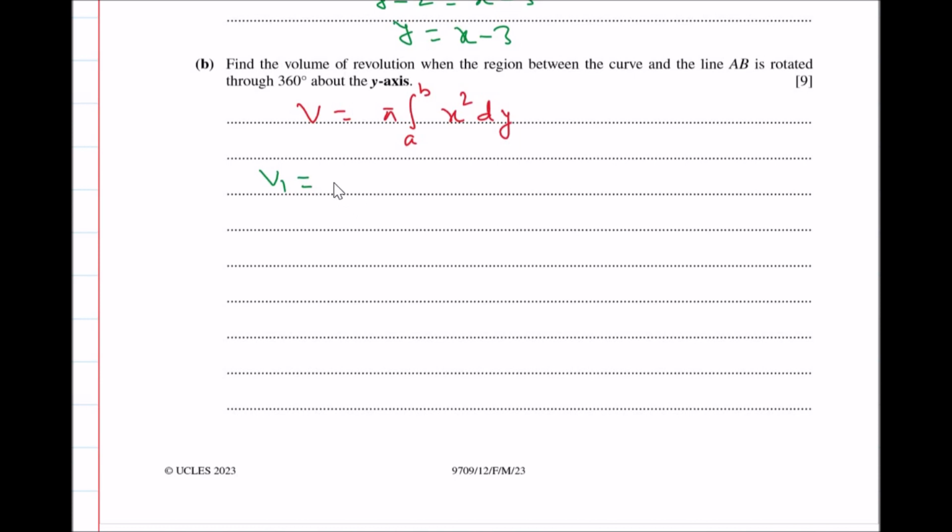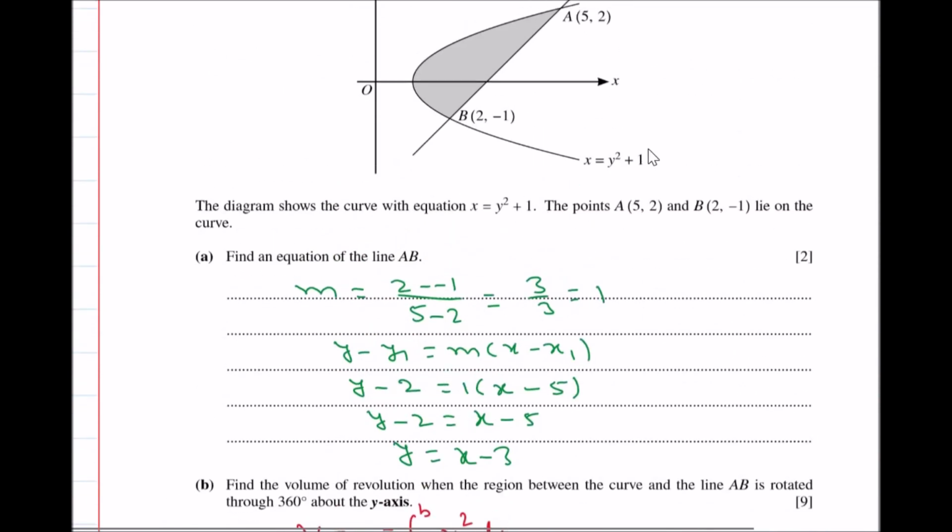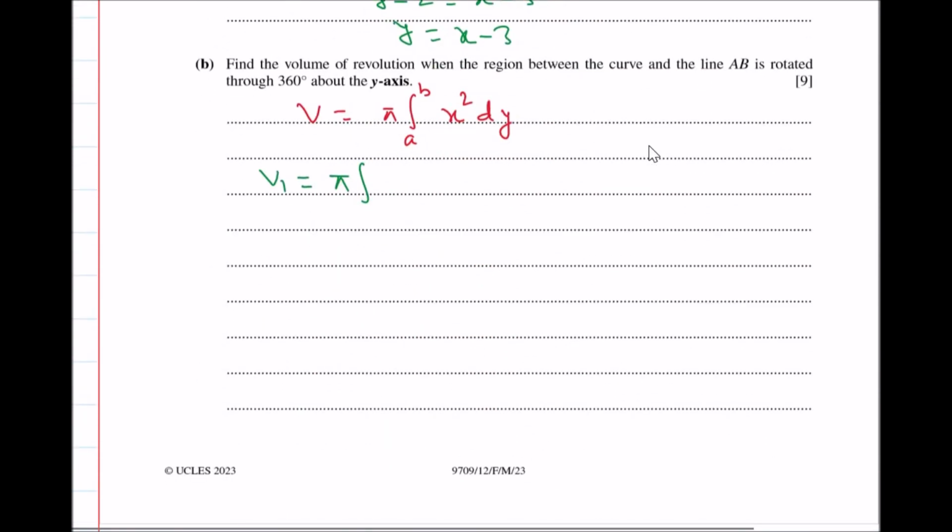So we have pi, and our curve equation is y square plus 1. Look at this given here, x equal to y square plus 1. So y square plus 1 whole square dy.